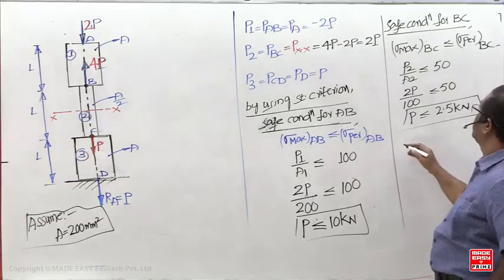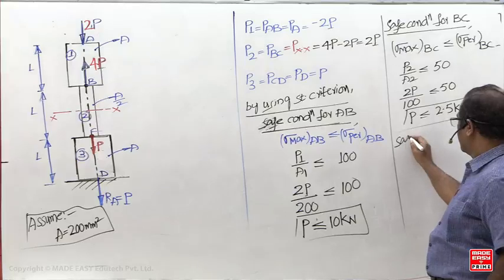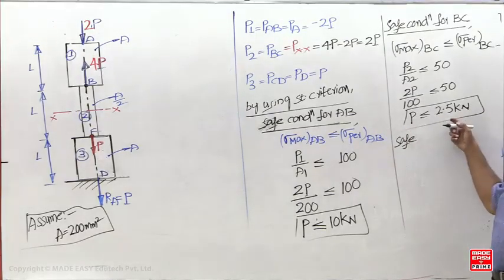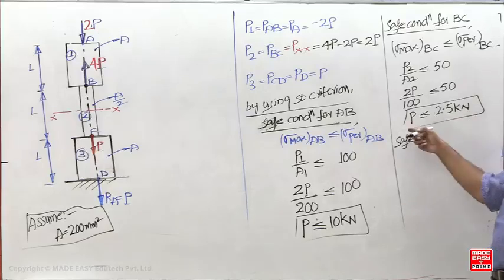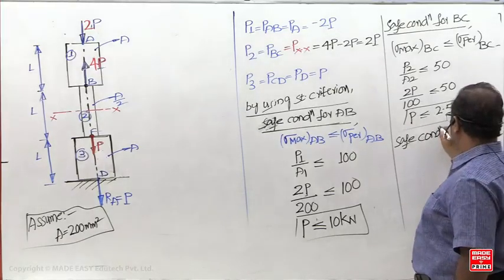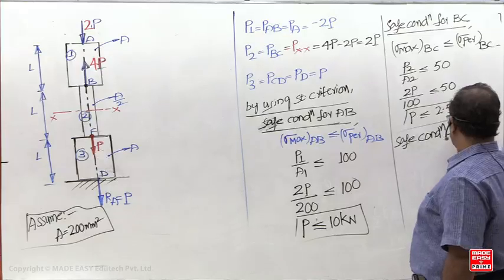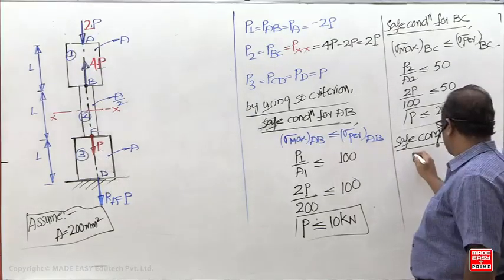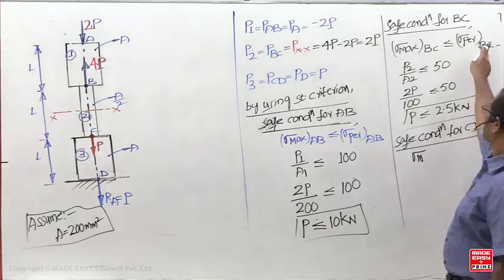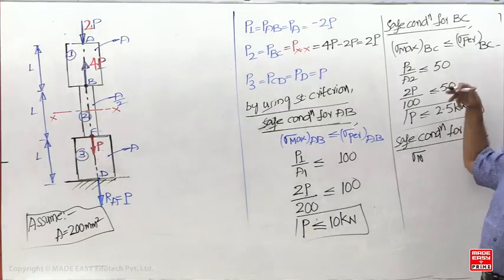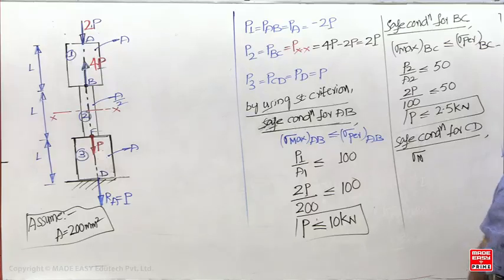Next, same thing for CD. What is the meaning of this? If the BC member should not fail, what is the maximum value for P? 2.5. Safe condition for CD. Now this is a tensile stress, so this should be assumed as a tensile stress. Sigma T permissible, SYT upon factor of safety.